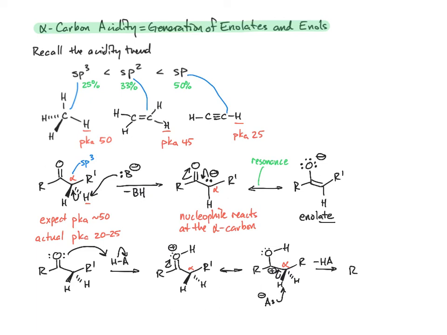We then lose that acid, and at this point we form the neutral species. Compare that to above. This is called an enol. So under basic conditions, we form enolate. Under acidic conditions, we form the enol.